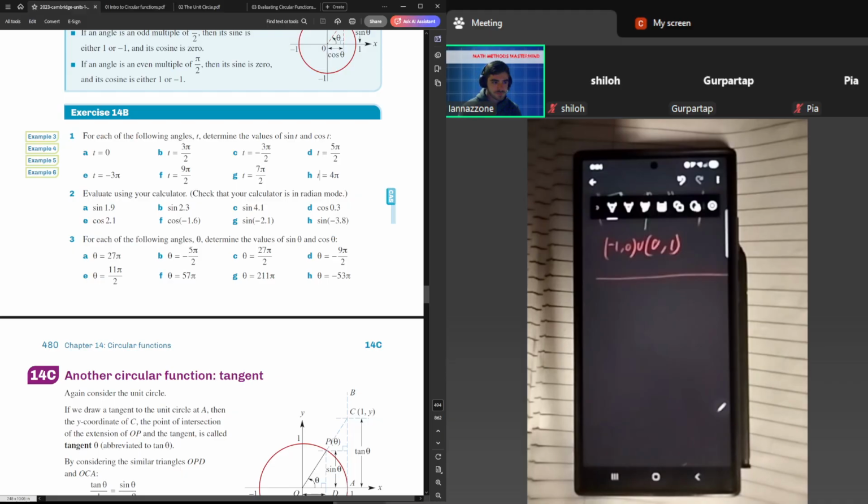Zero, -1. Okay, which one's which? Cos would be 0 and sine would be -1. Correct. Yeah, exactly right. Cosine is always the x, sine is always the y.